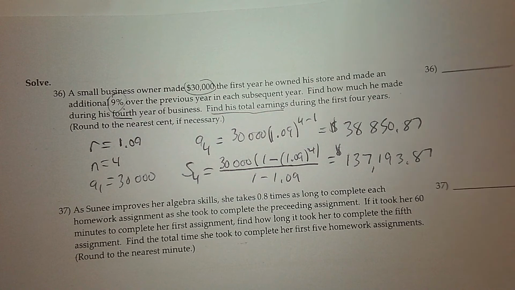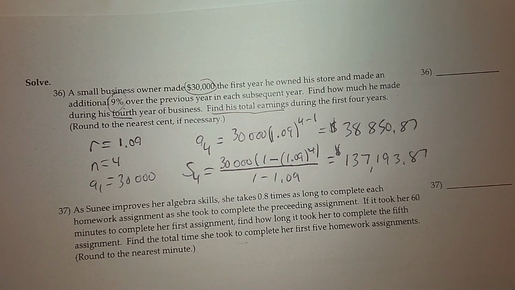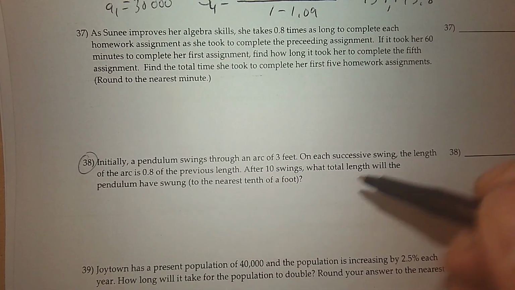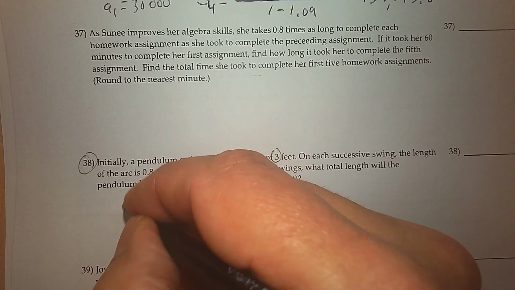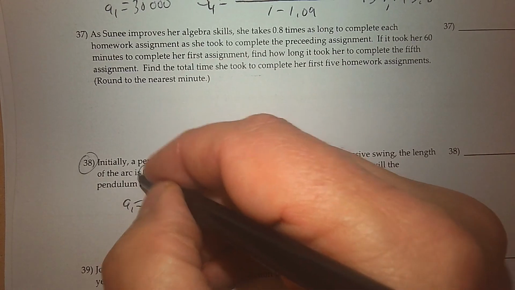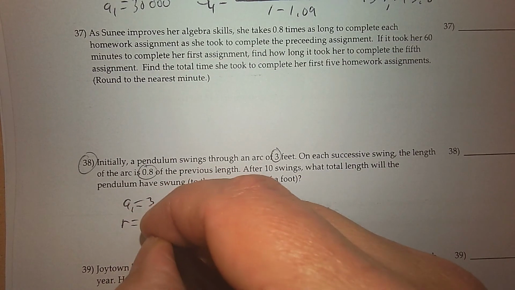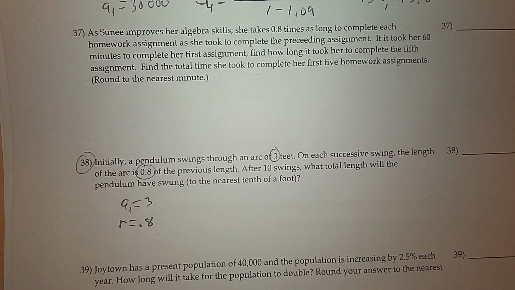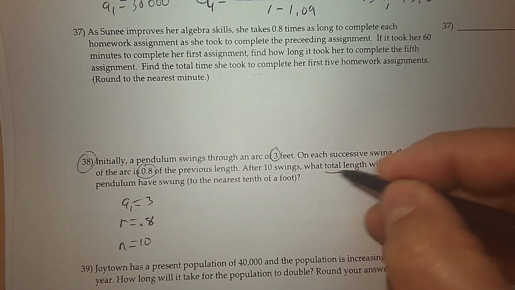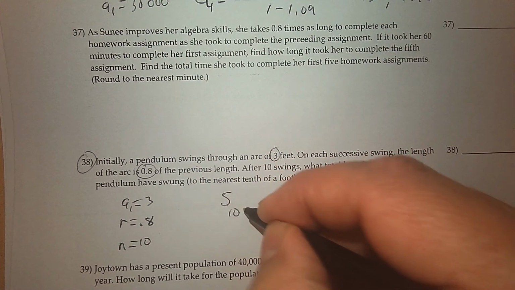All right, number 38. Initially, a pendulum swings through an arc of 3 feet. That's going to be your A1. Each successive swing, the length of the arc is 0.8 of the previous one. That's going to be your ratio. After 10 swings, what total length? So the word total means we're going to add up the first 10.